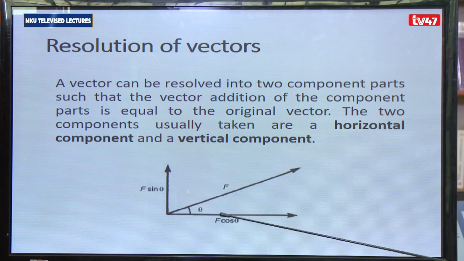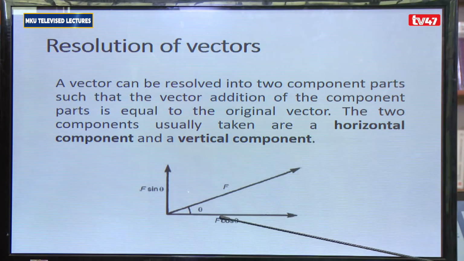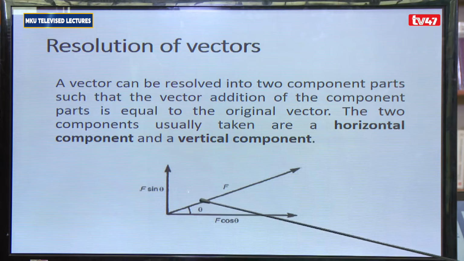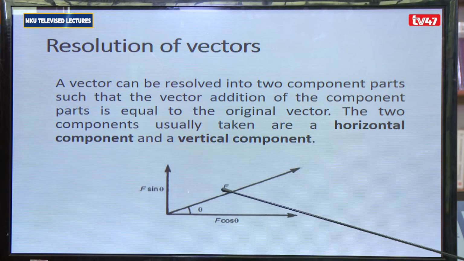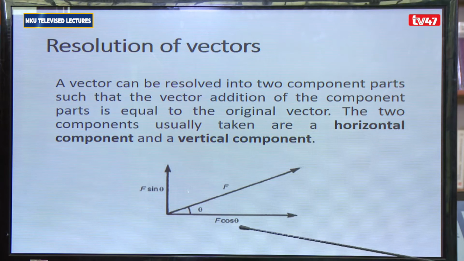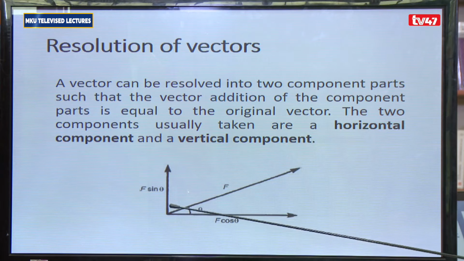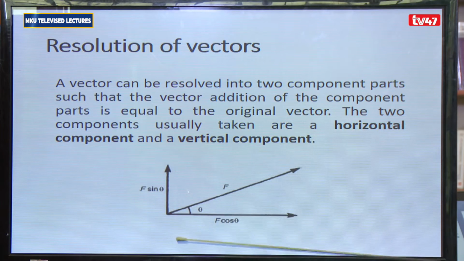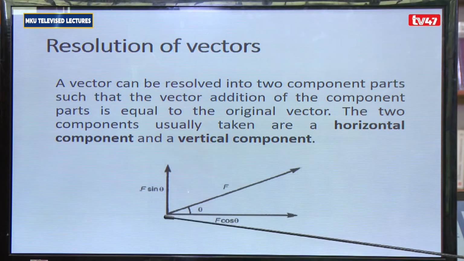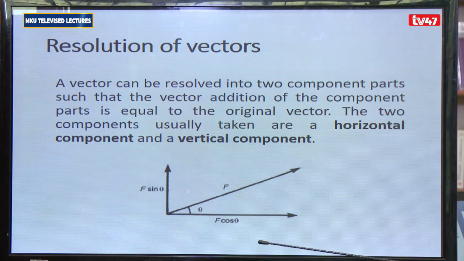To get this side, you use cos. Cos of this angle is given by adjacent over hypotenuse, and therefore this side is f cos theta. That way, we are resolving this vector f into vertical and horizontal components.